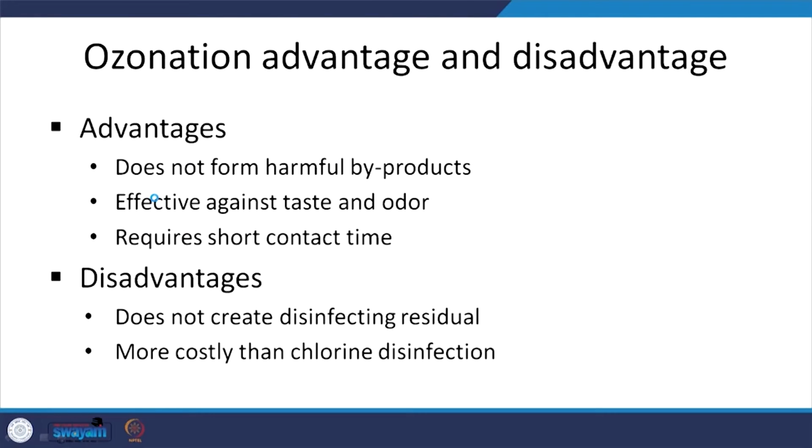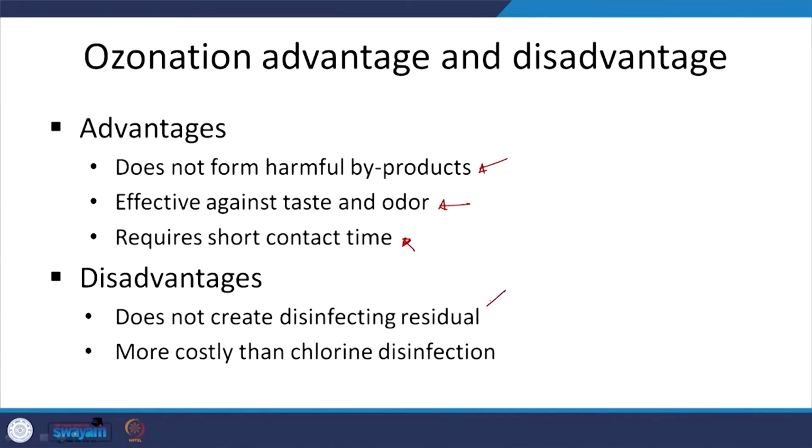Let me move on. Advantages in general: it does not form harmful DBPs, it is very effective against taste and odor causing compounds, and because of its fast kinetics and relatively high oxidation potential, you are going to have less contact time. But it does not create a disinfecting residual. Why? Because the kinetics of this oxidant are so fast that it does not stay in water for long.